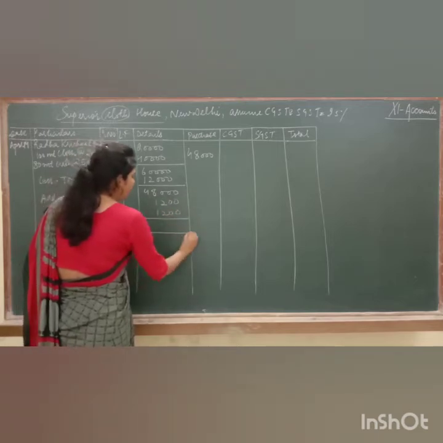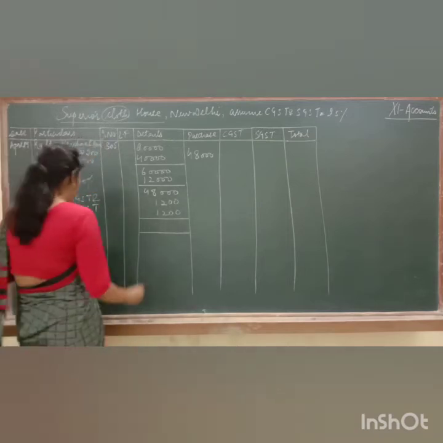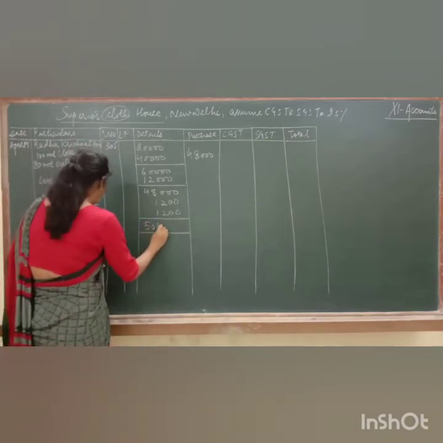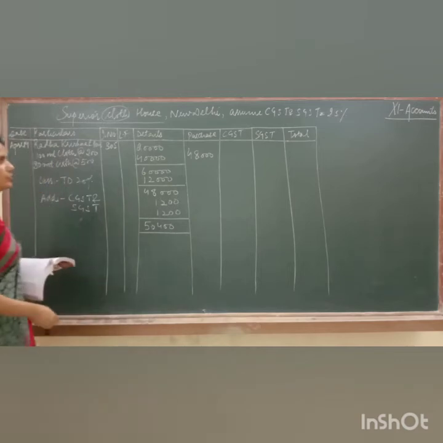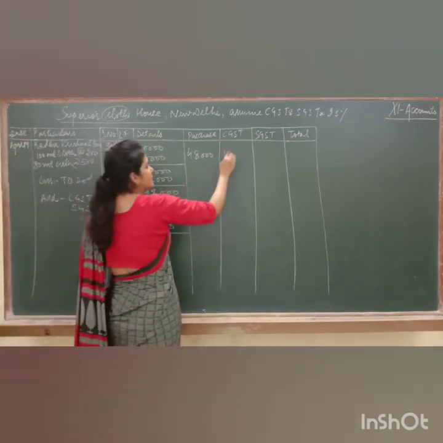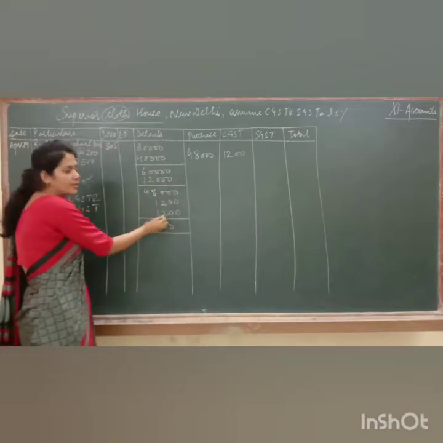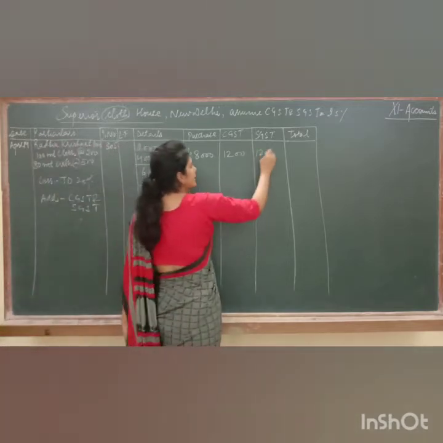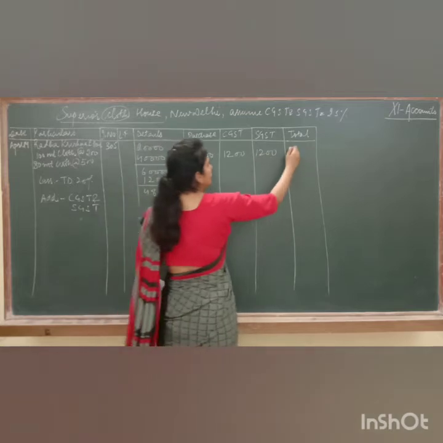It is always added to the cost of the goods, so it becomes 50,400. Now write the amount individually. In this column CGST, write 1200. 1200 is SGST. Write here and write their total this side.